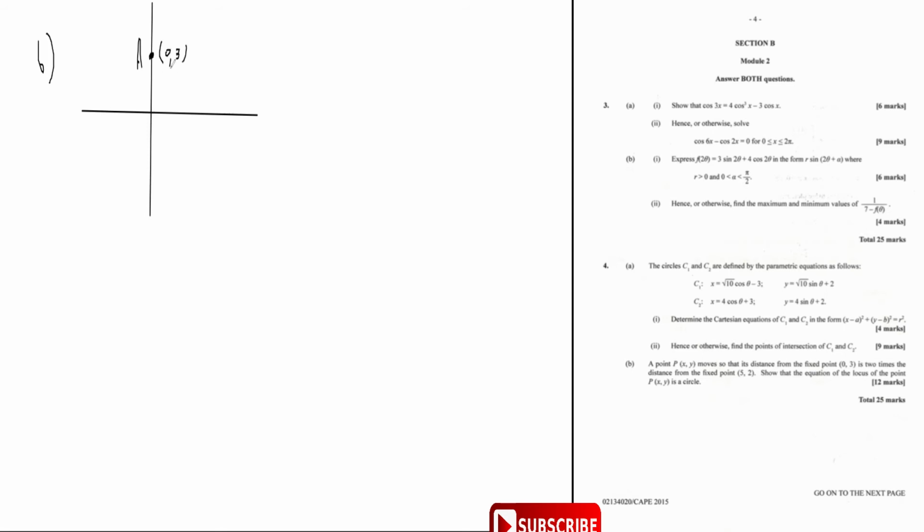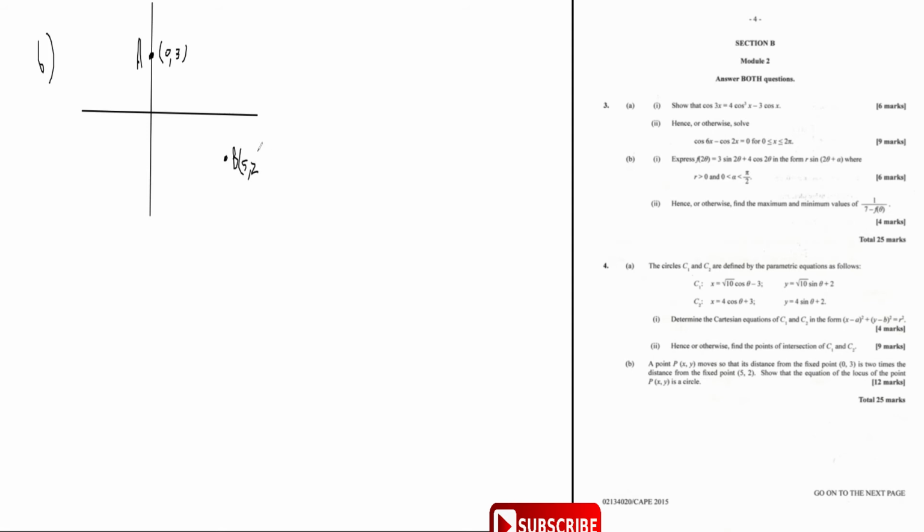And I have the point B that is 5, 2. 5, 2 can be somewhere like 5. This is 2. This can be B, somewhere right here. B is the point 5, 2. All right.